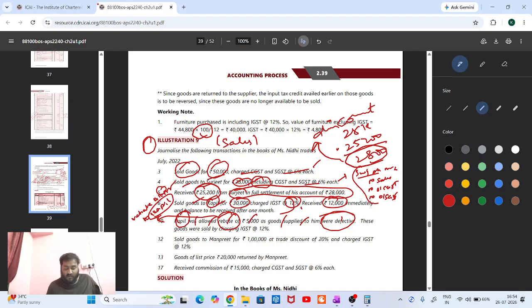That is obvious. What is debited? What has come? Cash or bank balance has come to us. So cash to Surjit, and then discount. This is the journal entry. Okay, this is done, this is done, this is done, this is done, and then repeat.